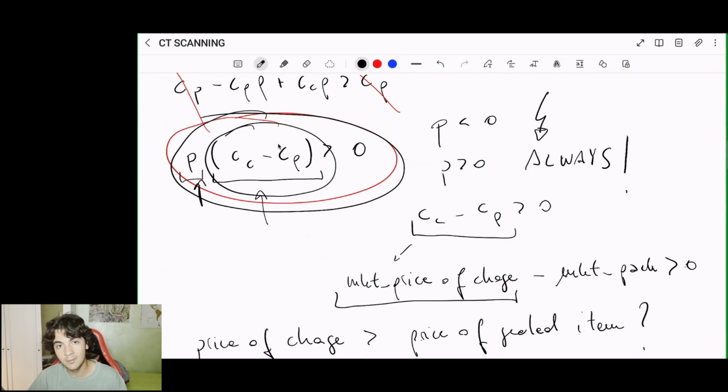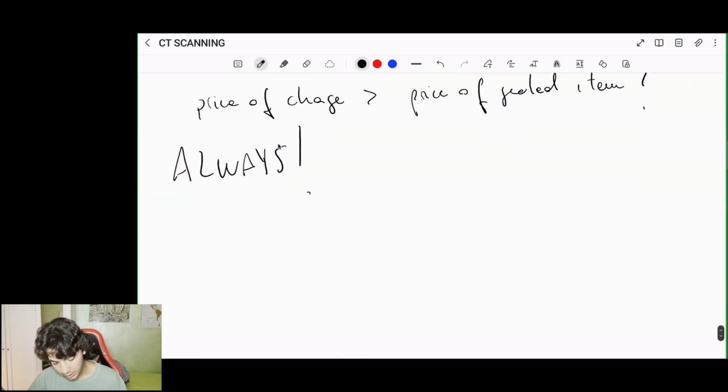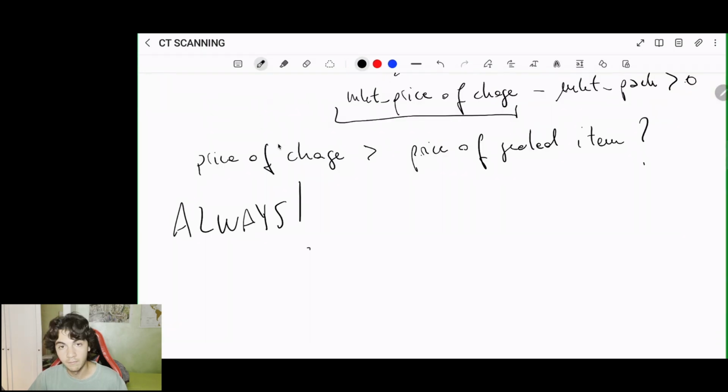The only time you're not making money is when the price of a chase is less than the price of the sealed item, which we said if that is the case, we're not going to scan it in the first place. So saying that if the price of scanning is free, you're not making money, no matter, remember, we're not picking a set.